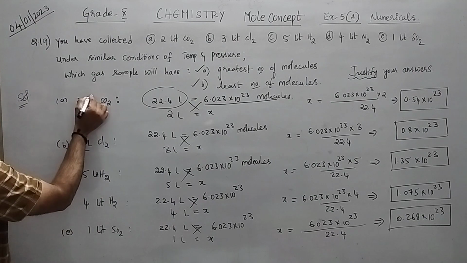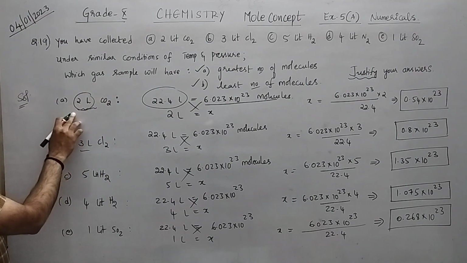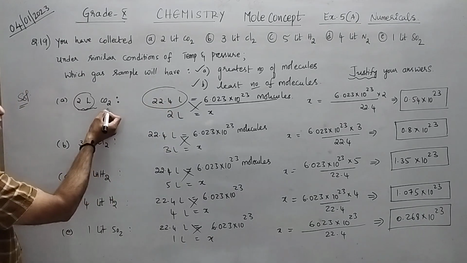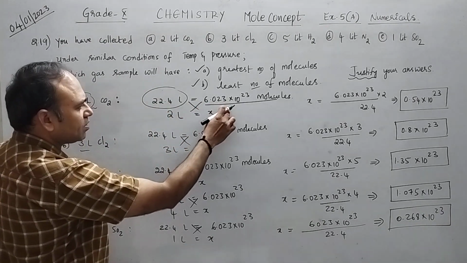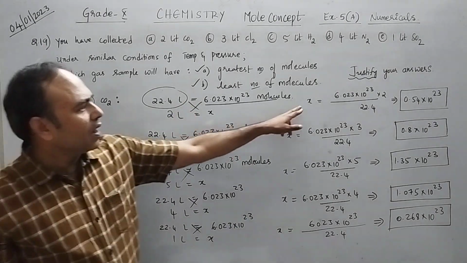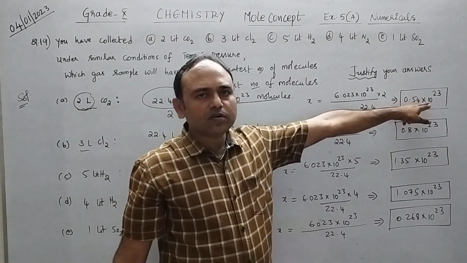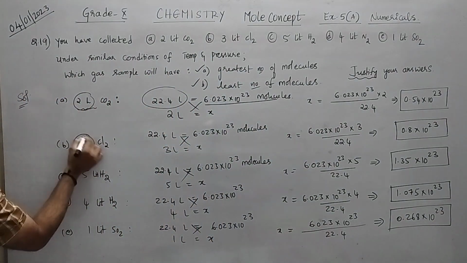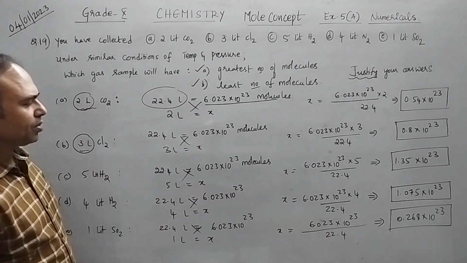Now what is given, volume is only 2 liters, so we can write like this: 22.4 liters of carbon dioxide has this number of molecules, so 2 liters can be taken as X, cross multiply, and you get 0.54 into 10 power 23 molecules of CO2. Next, 3 liters, again follow the same method.